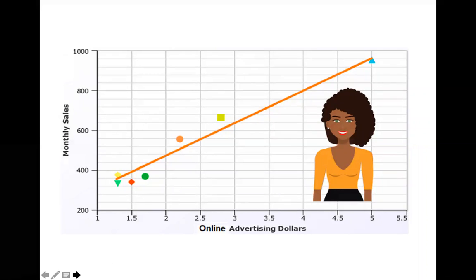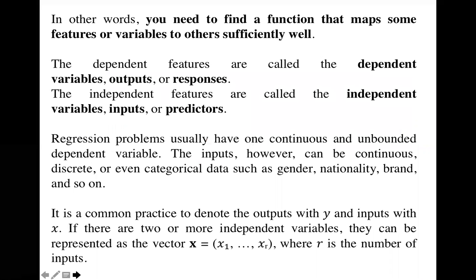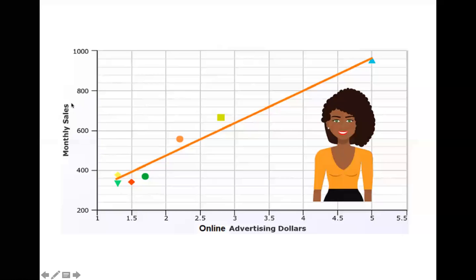So there are two kinds of features: dependent features and independent features. Dependent features are called dependent or output or responses. Why so? Monthly sales always depends on how much you are advertising. So monthly sales comes under dependent feature and online advertising comes under independent feature.